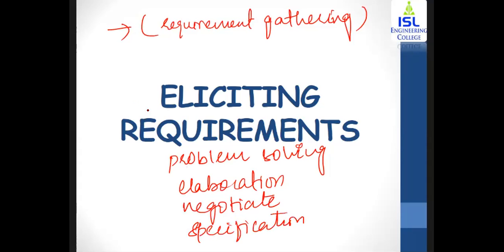So this is what is going to happen within elicitation of requirements. That is, you're going to work together to identify the different problems, how you're going to negotiate the solution, how you're going to elaborate the requirements, and at the end, you're going to develop a specification, that is the set of requirements that are going to be there within the software.